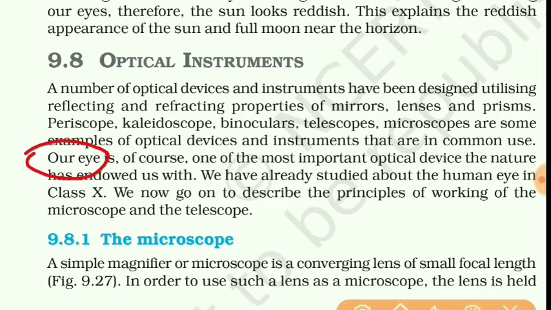The best thing about our eye is that the lens of our eye is flexible, and so its focal length can be easily changed with the help of ciliary muscles in the eye.